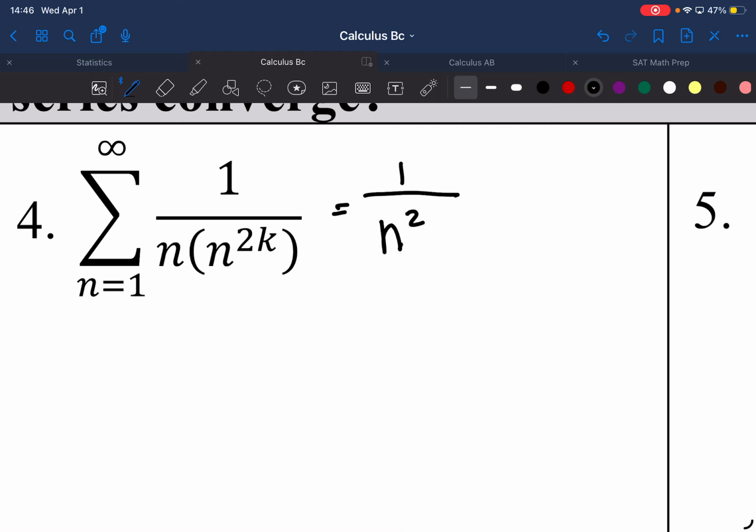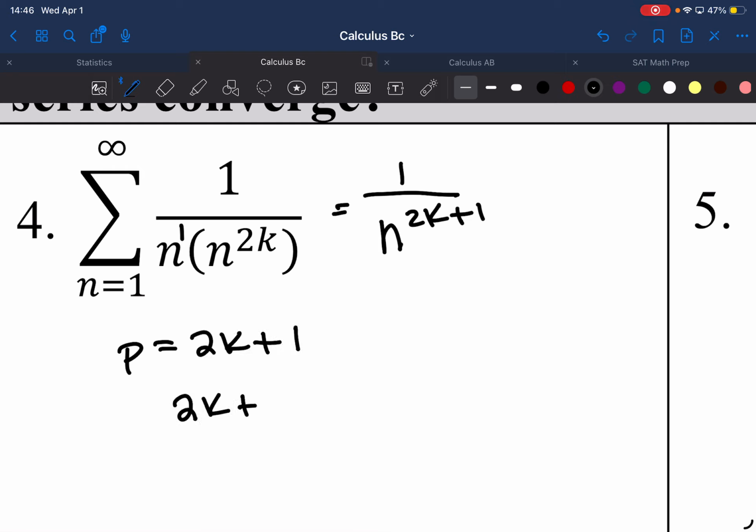N to the 2k plus 1. So remember, our properties of exponents said if we have the same base, we can combine this by adding the exponent. So technically that first n is n to the first power. The second n is the power of 2k. They both have the same base, so I just add the exponents together. Okay, so that means p is equal to 2k plus 1.